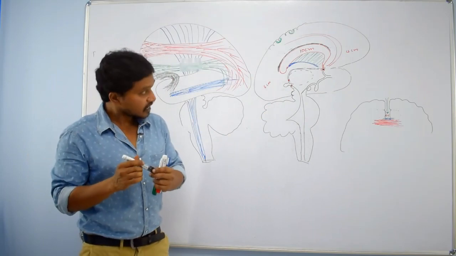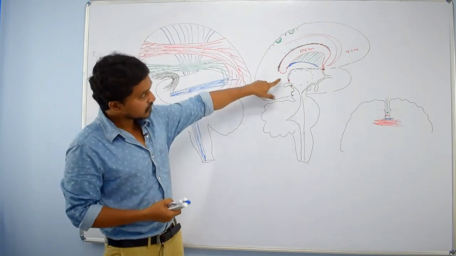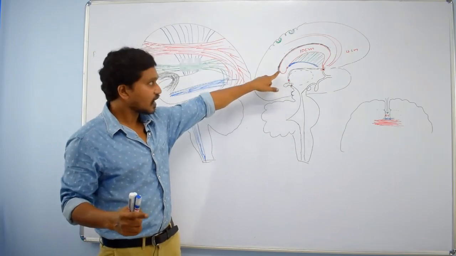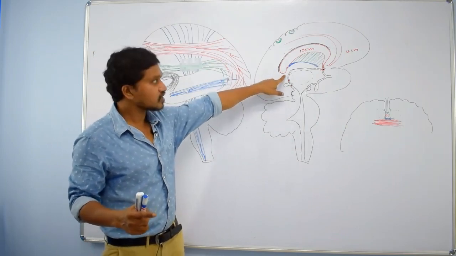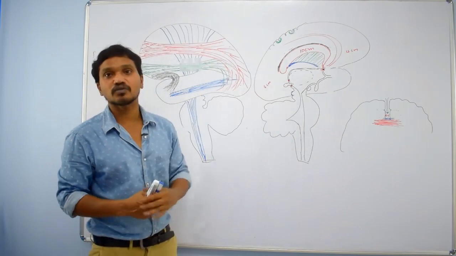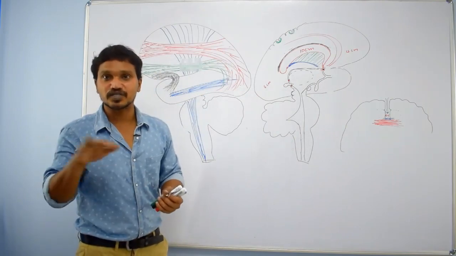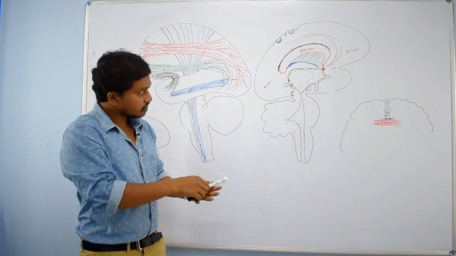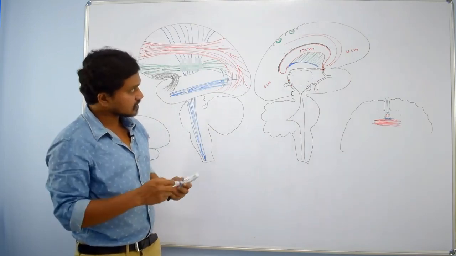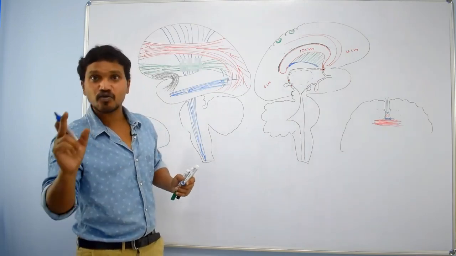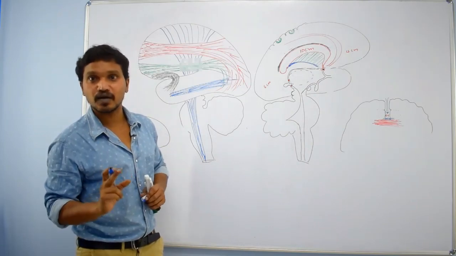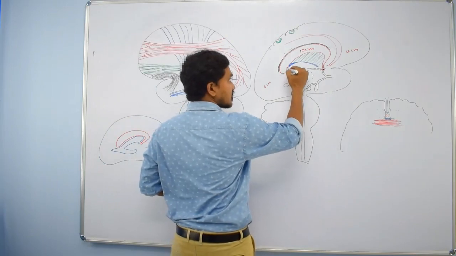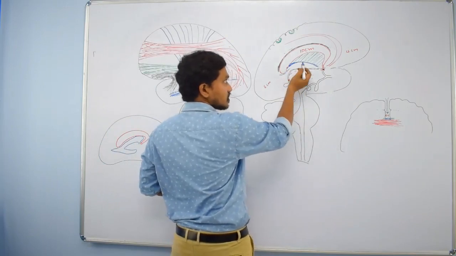Clear? And along with that, between the ependymal lining of third ventricle and the splenium, there is one fissure. This fissure, we call transverse fissure. Through that fissure, there is one structure, a bilaminar fold of pia mater, which extends between, what is this?